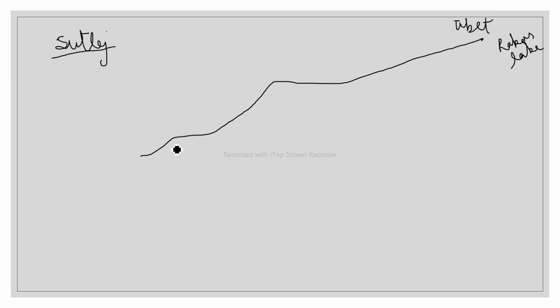I'll make a pass here, don't worry. This is a sign for pass. From this pass, called Shipkila Pass, this river is going to enter into India.